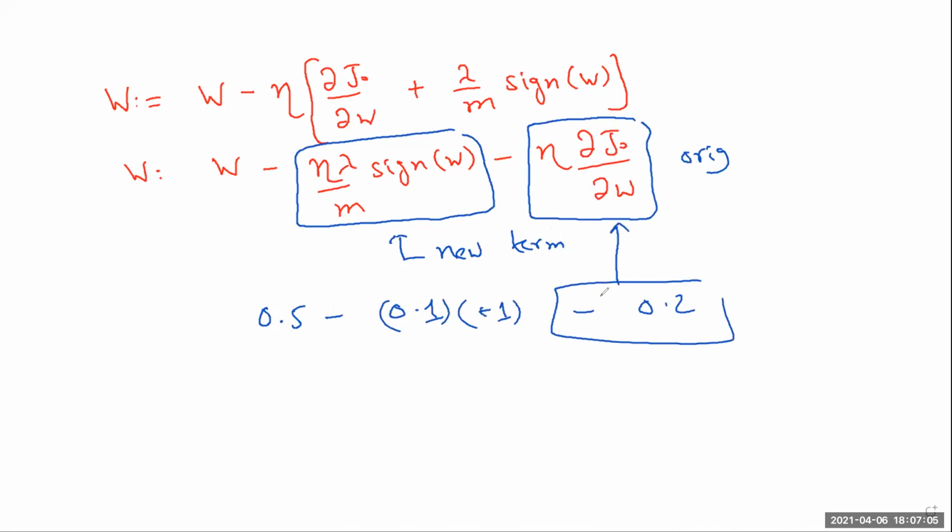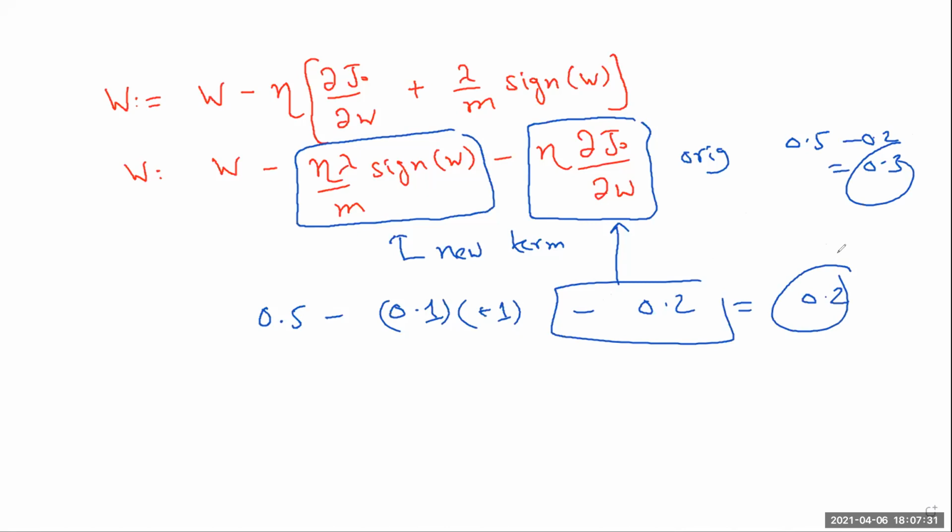Now if there was no regularization term, you would have updated this as 0.5 minus 0.2, which is 0.3. With regularization, you are doing 0.5 minus 0.1 minus 0.2, so eventually you end up with 0.2. So you are ending up with a smaller value when you introduce a regularization term.